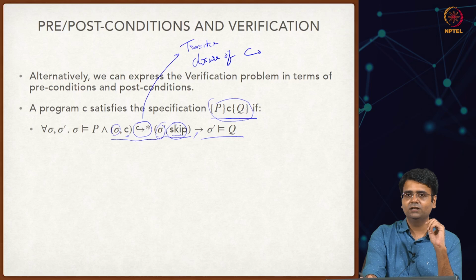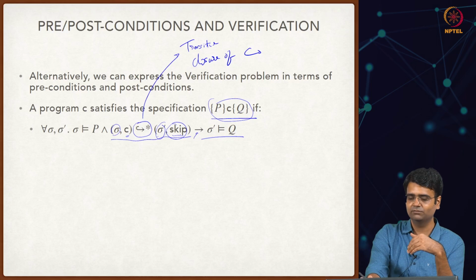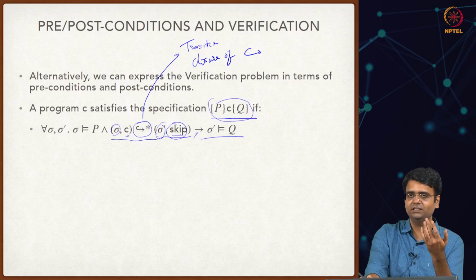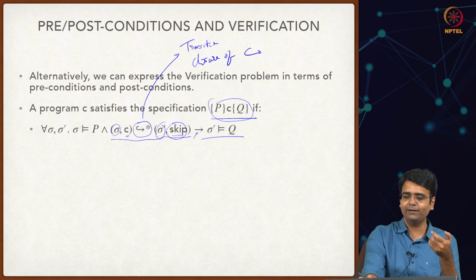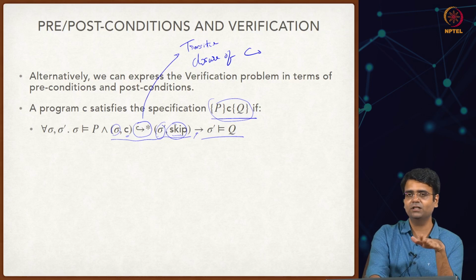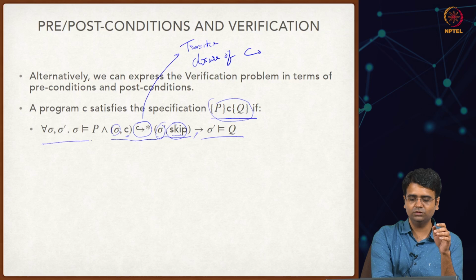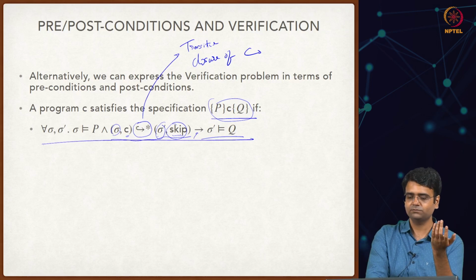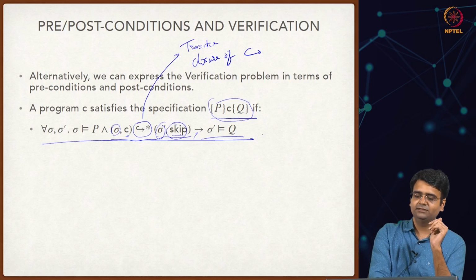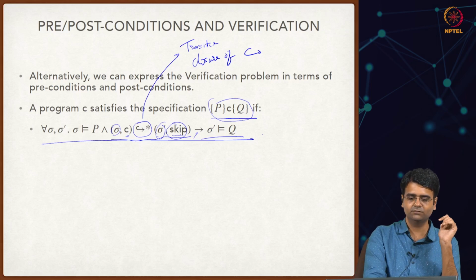If you change the program by adding this assume P and assert Q at the end, and you search for an error state, if you ask whether the error state is reachable, then that is the same as saying that the program satisfies the specification PCQ, in the sense that the error state will not be reachable if and only if the program satisfies the specification PCQ according to this definition. Similarly, if the program satisfies the specification according to this definition, then the error state will not be reachable in the other program with assumes and asserts.